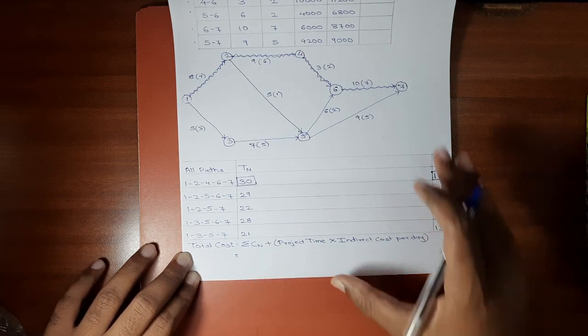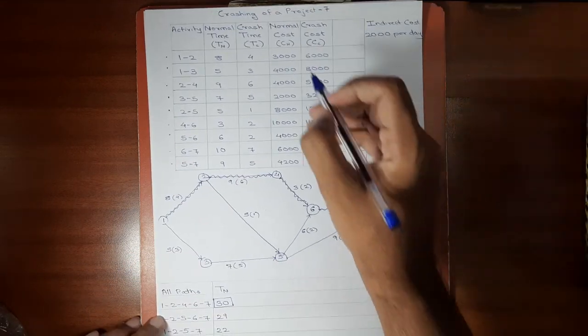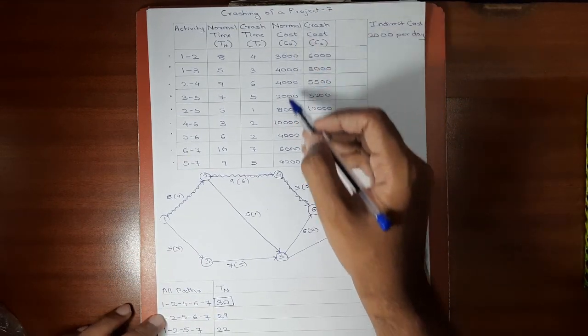Summation of all normal cost means we'll be adding these costs, normal cost.